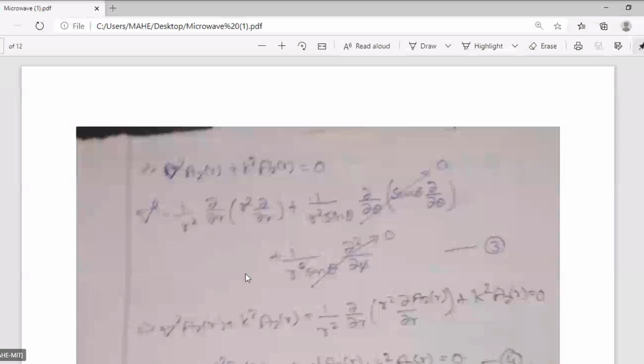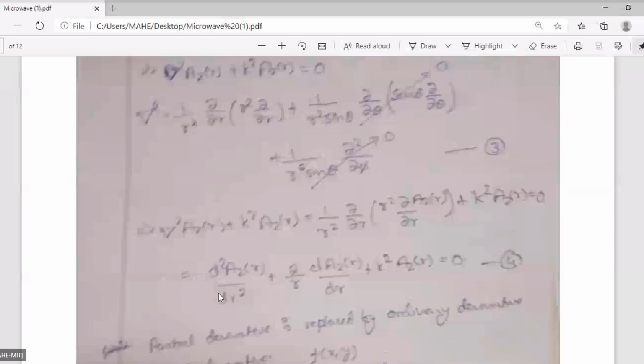Expansion of del square in spherical coordinates is given like here. The function A is missing here. It has given only del square. You have to add A at every point. Okay, so since Az is not a function of theta and phi, these two components will be 0, and you have only this. So if you expand that, 1 by r square del plus k square Az of r is equal to 0. So you get this equation 4.